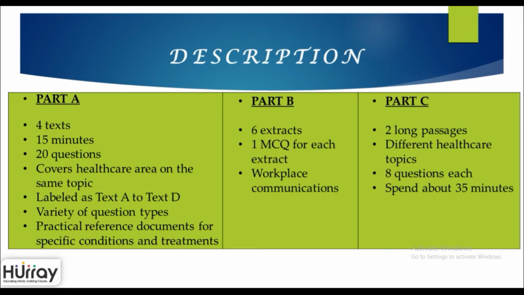These 20 questions cover healthcare area topics, and usually they are on the same topic. The texts are labeled Text A, Text B, Text C and Text D. You are given a variety of question types. The documents or texts given mainly cover practical reference documents for specific conditions and treatments.